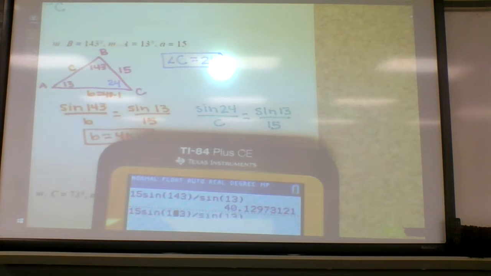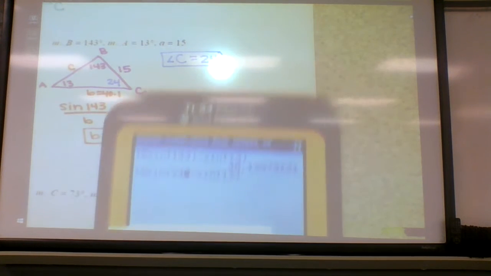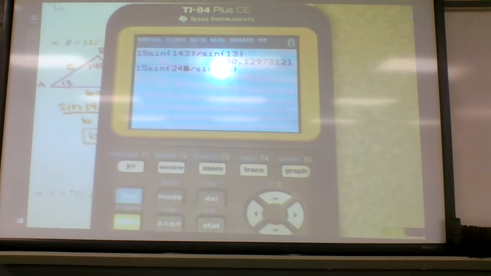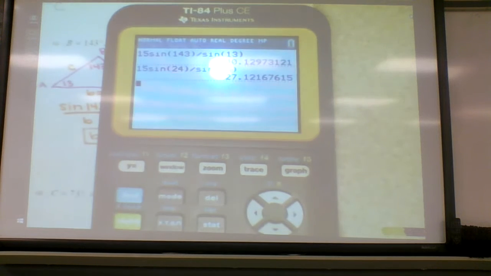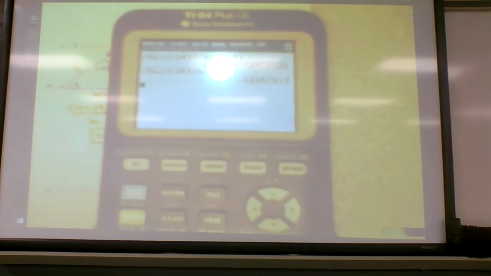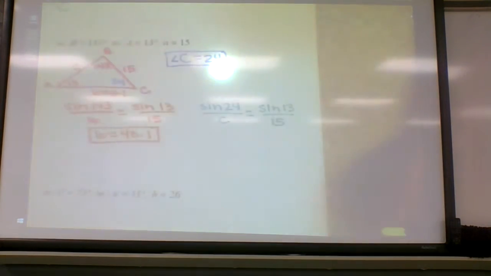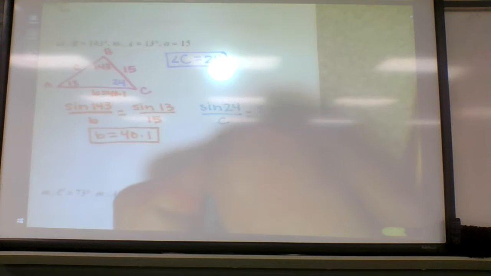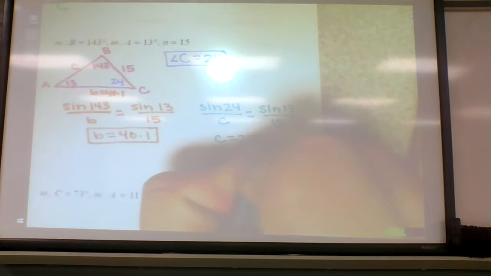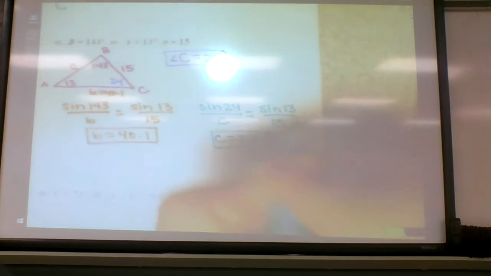And instead of having 143, this is just going to be 24 in here. On the round, we get 27.1. So little c equal to 27.1.